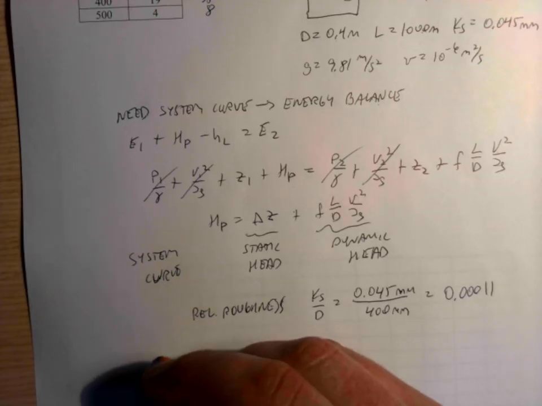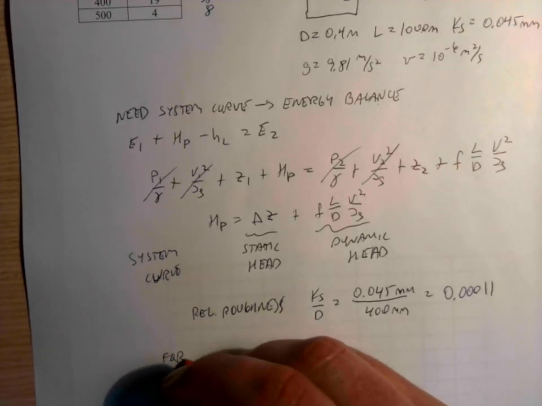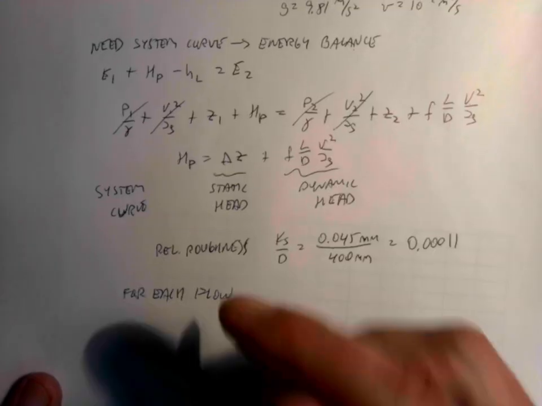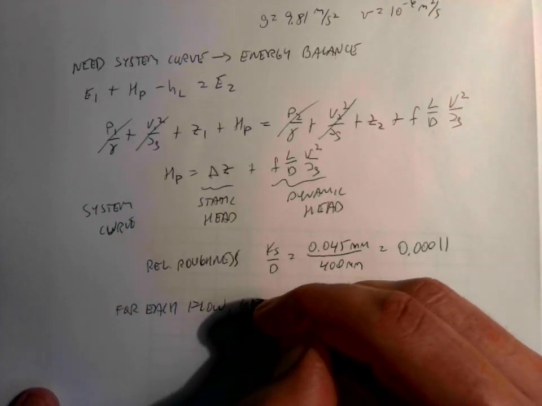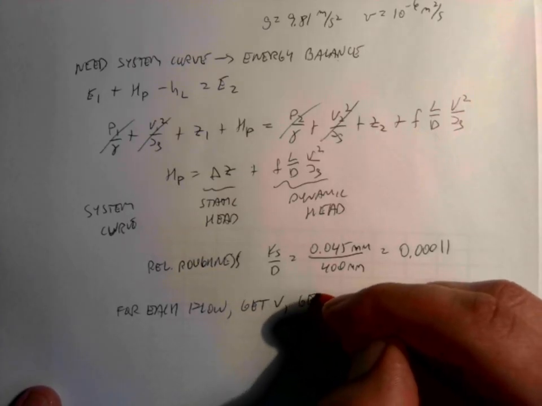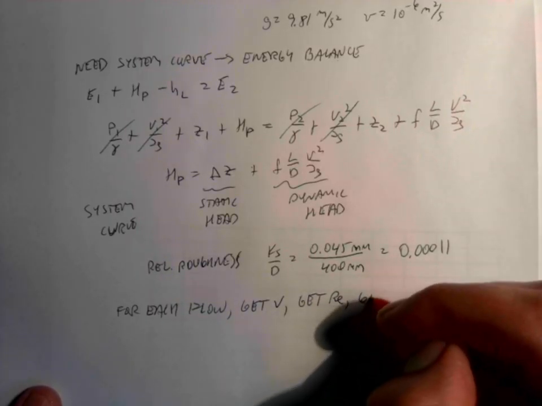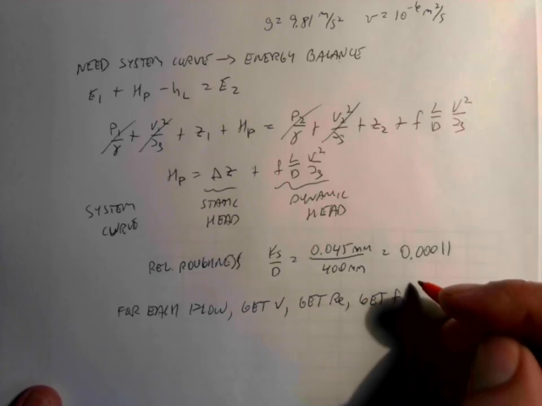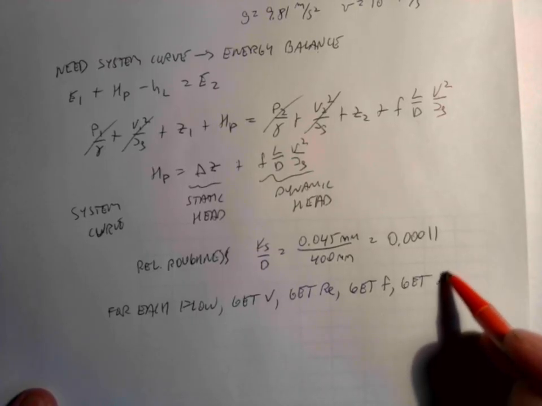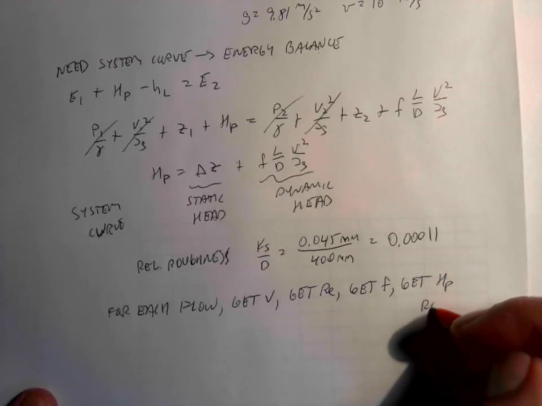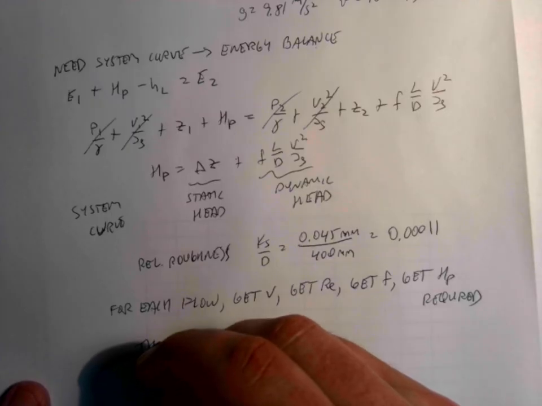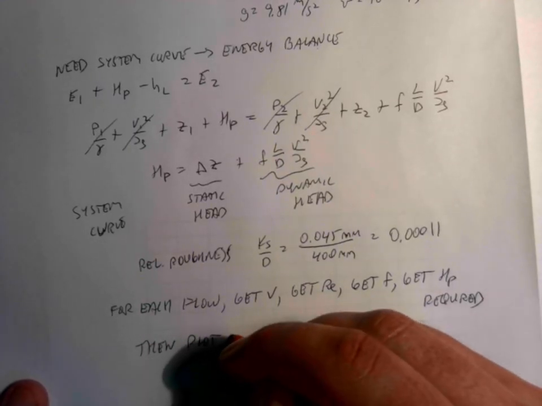All right, so for each flow, we need to get V, and then we need to get the Reynolds number, we need to get f, and then get HP, the required head. Then plot the pump curves.